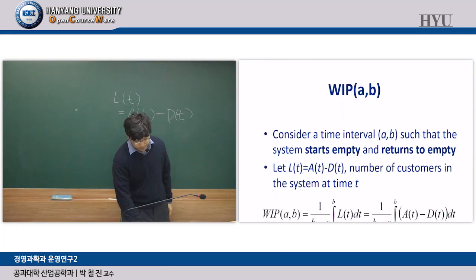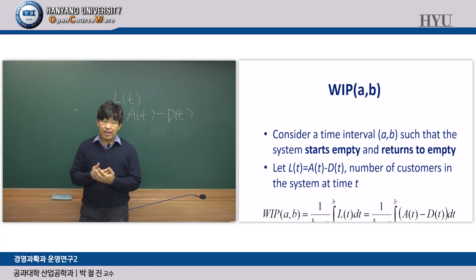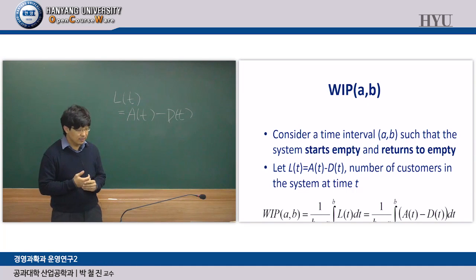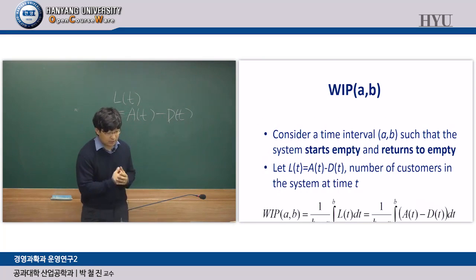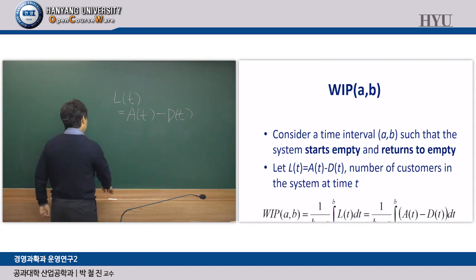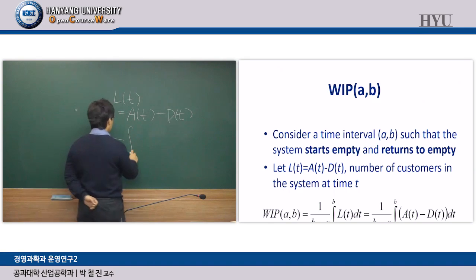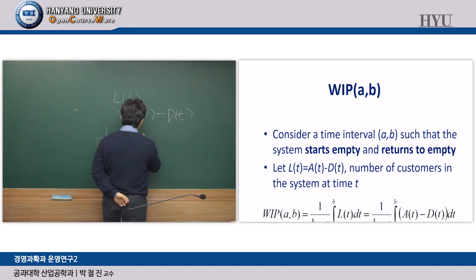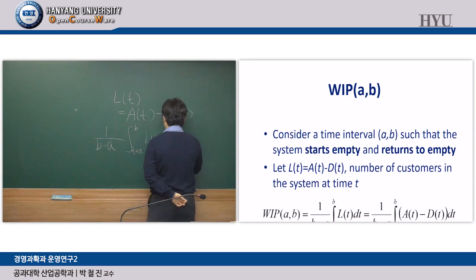Then we can evaluate this WIP, the average number of customers in the system per unit time, as 1 over b minus a times the integral, t from a to b, of L of t dt.